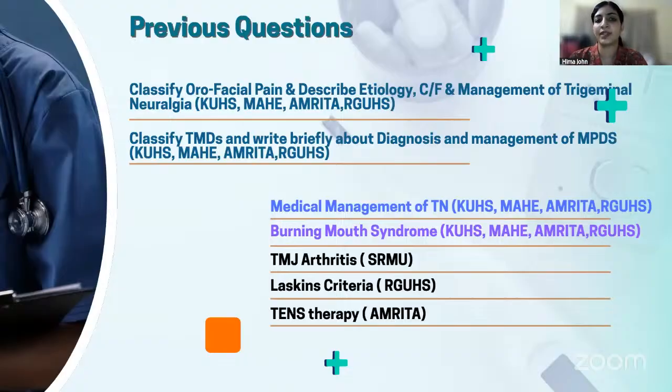Orofacial pain, definition of pain, and the etiology, clinical features and management of trigeminal neuralgia have been asked in KUHAS, Manipal University, Amrita, and Rajiv Gandhi University. Almost every 2 years, the question gets repeated for a long essay, so it is a definite question for your exams.